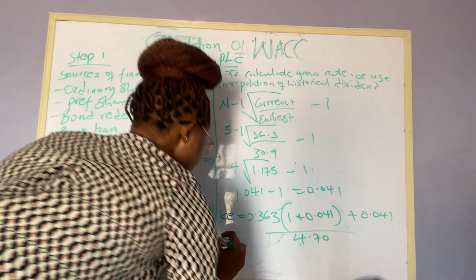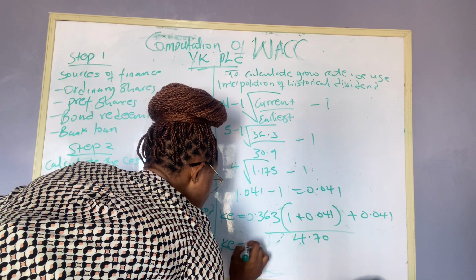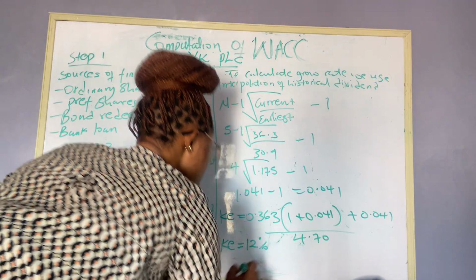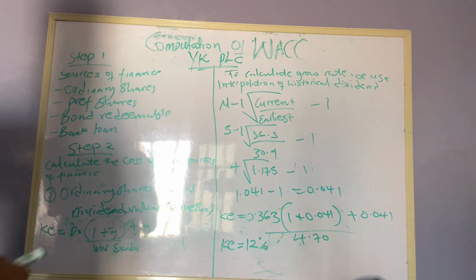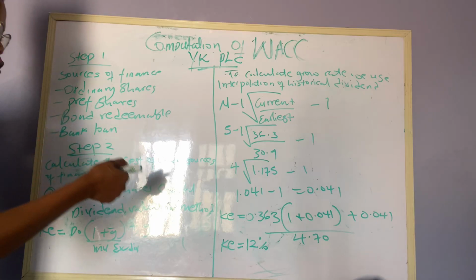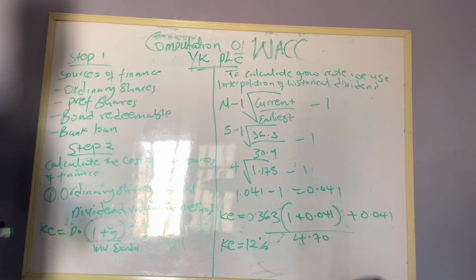So our KE is equal to 12%. Which means that our cost of capital is 12%, right?